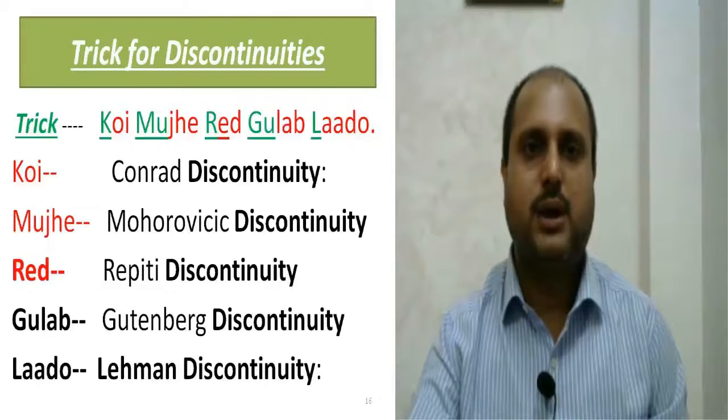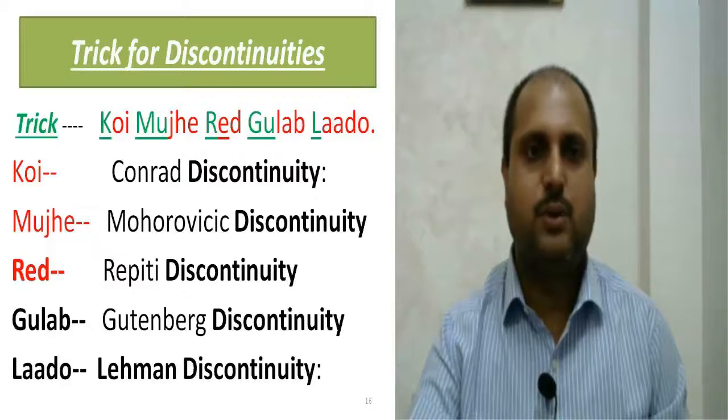So far we have discussed these five discontinuities, but how to remember them? Because it is very natural that you will forget them. Don't worry, we have a trick to remember these five discontinuities: koi mujhe red gulab la do.